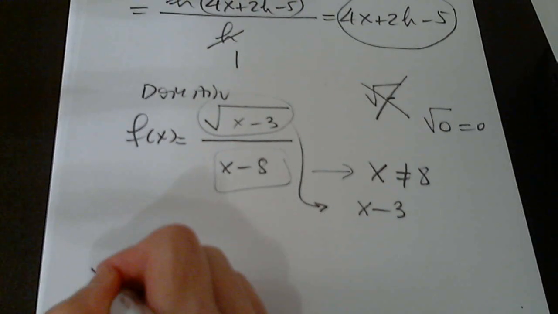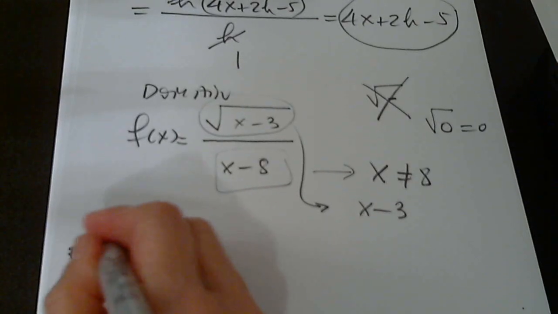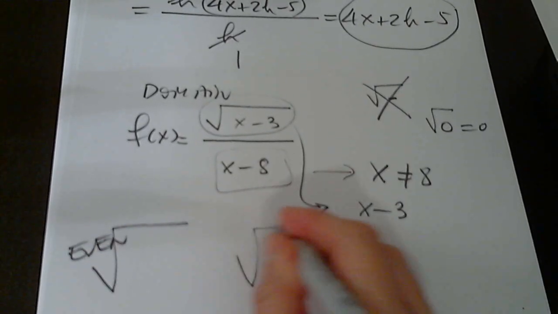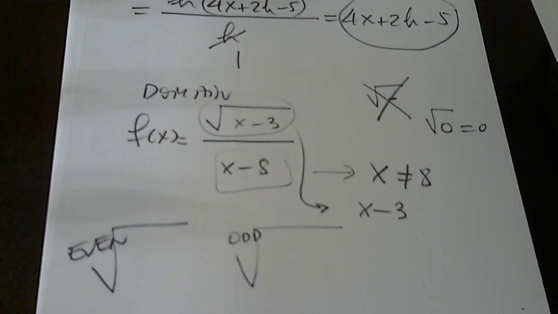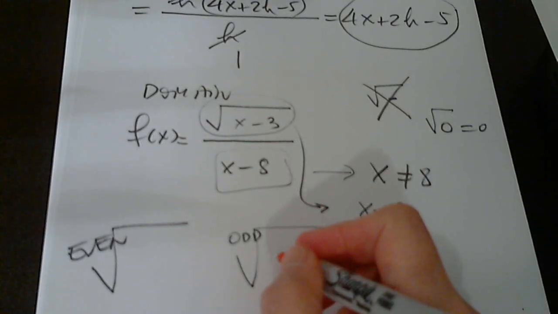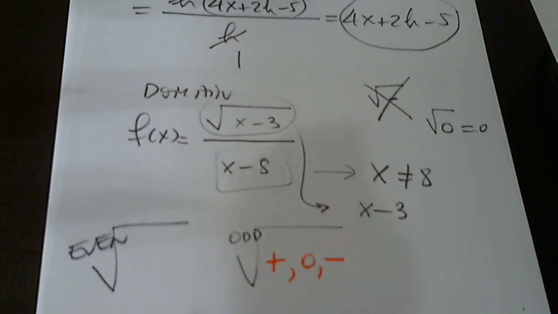What did we say was the difference between even and odd? Odd is all real numbers. Exactly. No problems. Positive, 0, or negative. Excellent. Well, what about the even?